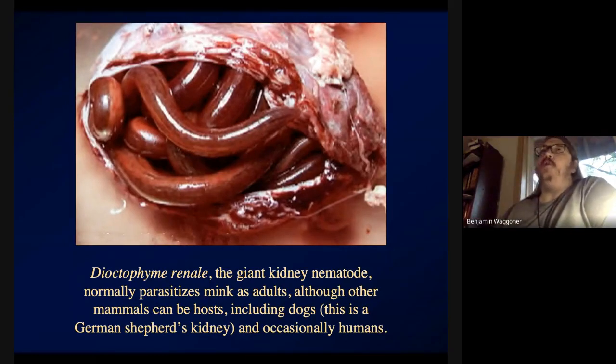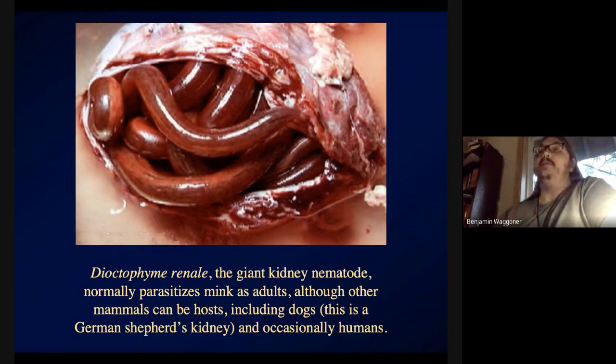And if a dog, for example, happens to eat infected fish, it can come down with this. The worm finds its way to the kidney and basically replaces the kidney tissue with itself. So that's one worm coiled up inside the connective tissue capsule that would normally cover the kidney. There have been cases of humans getting this. I don't think it's very common.